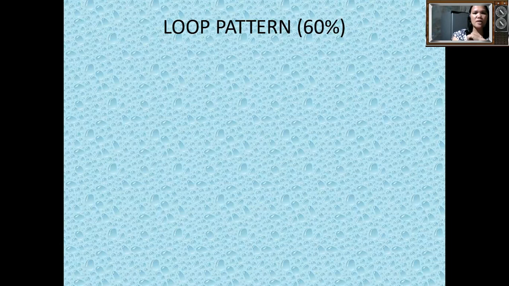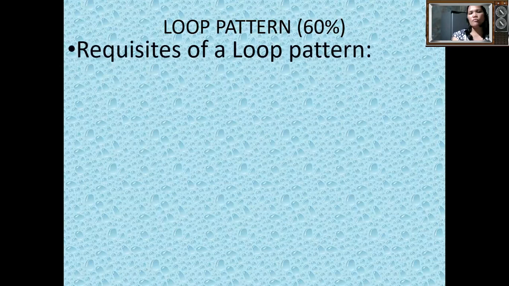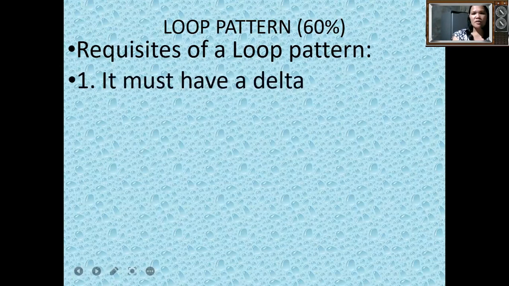Okay, so for the loop pattern, of course, by the term alone, it consists of looping reeds, or what we call recurving reeds. So what are the different requisites of a loop pattern? Okay, it must have a delta. If you happen to recall, a delta is known as the outer terminus, and it is usually located at the point of divergence.